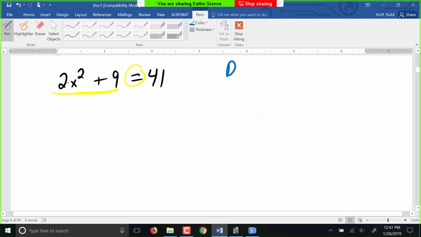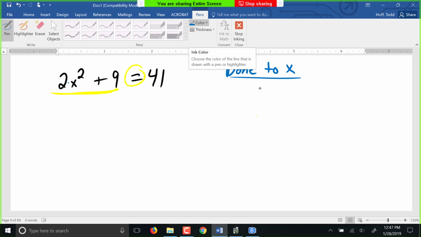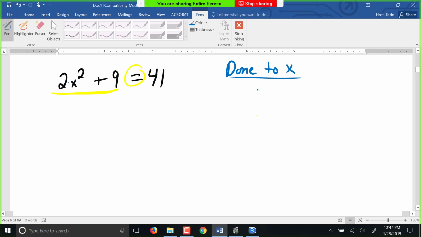Which one happened first? What was the first thing that was done to our variable? The exponent, squared, right? What would happen next? Multiplied by the 2, good. And then finally, add the 9. 9 was added to it.